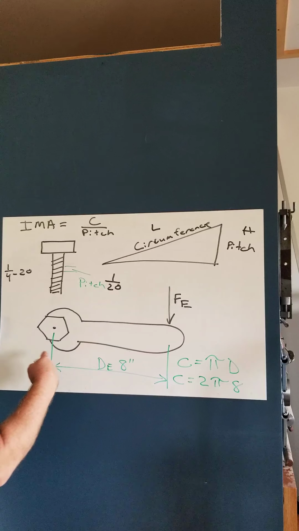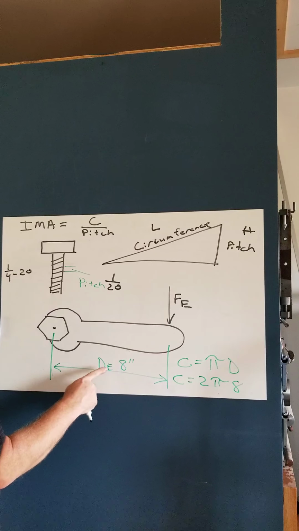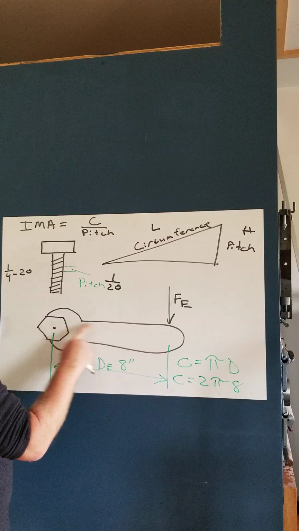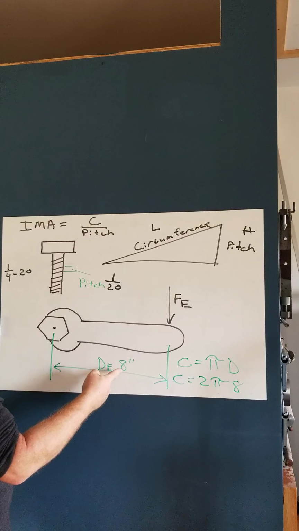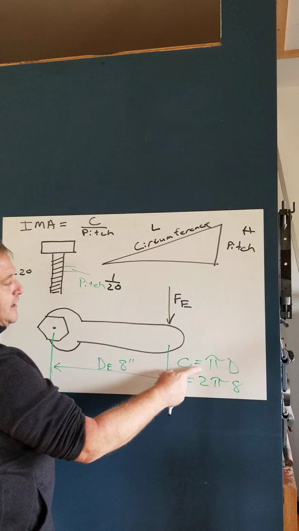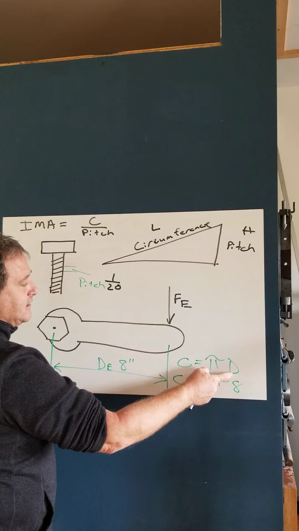So if I take this 8-inch, which is a radius, circumference equals pi d. d is 2 times the radius, so circumference equals 2 times pi times 8 for this particular problem. Once I have that, I can divide it by the pitch.